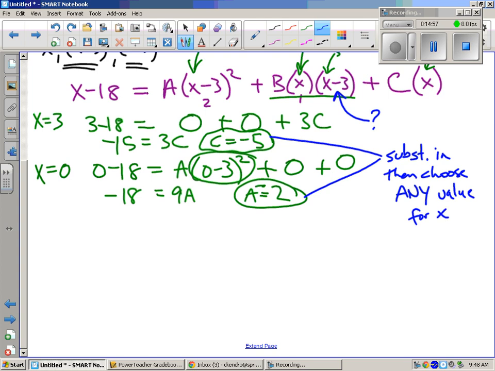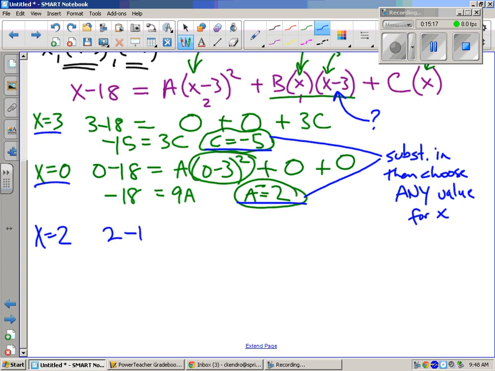I've already chosen 3 and 0, so I can't choose those again. I know that c is negative 5 and a is negative 2, so I'm going to plug those two in. I'm going to choose something simple like 2, just because I want to. So let's plug 2 in for x and plug in a and c.